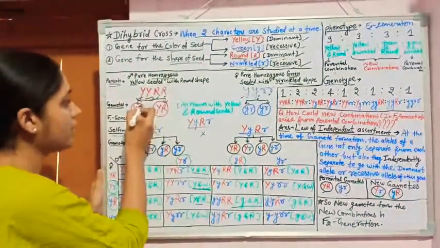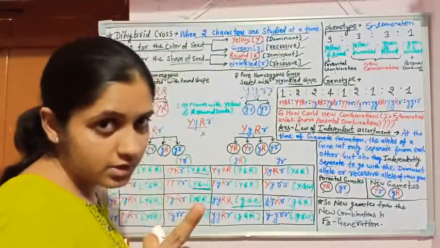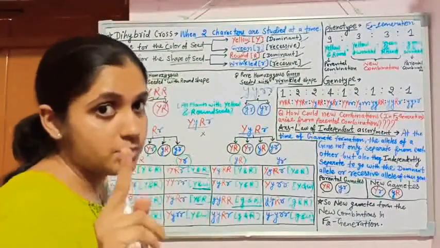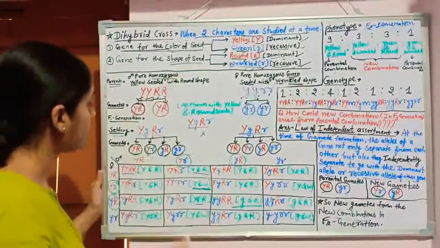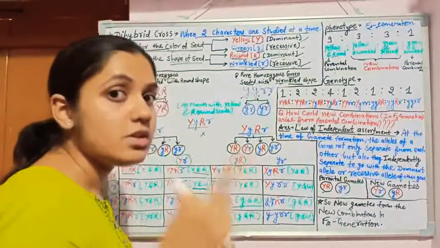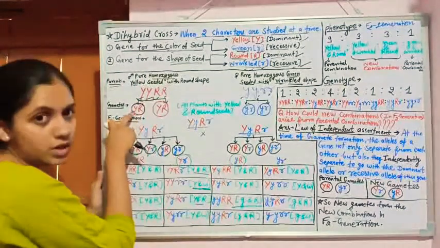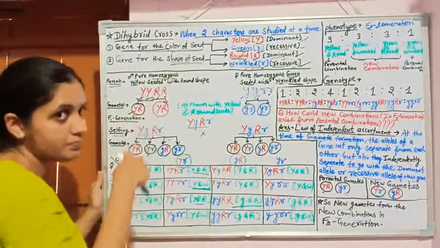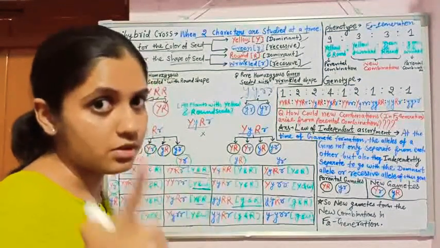So in one gamete both characters must be present. The first character is the color of seed, and the second character is the shape of seed. Here capital Y represents the yellow color seed, and capital R represents the shape, that is the round shaped seed.